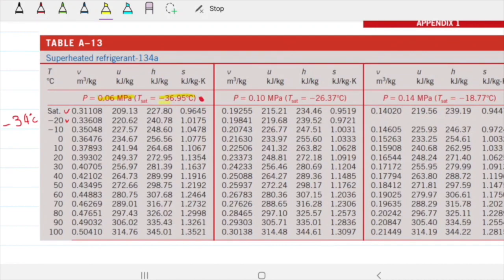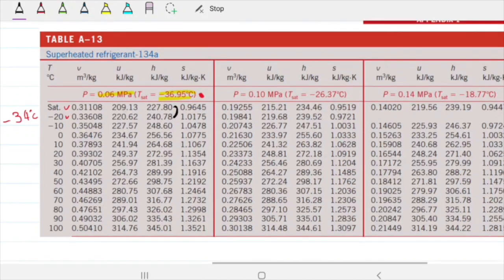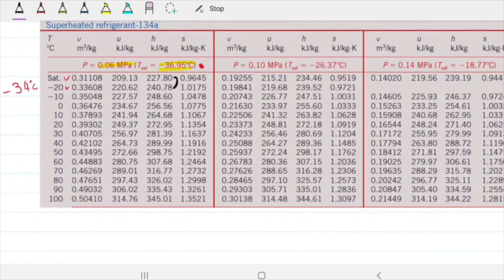So that means that my enthalpy will fall between 227 and 240 kilojoules per kilogram. So I can interpolate that to find my enthalpy, and what I grabbed by the end of it, by interpolation, was 230.06 kilojoules per kilogram. Okay, I'm going to repeat that process for 2 and 3.